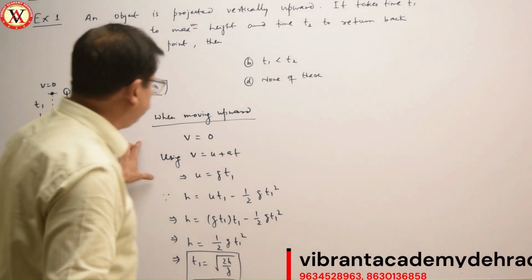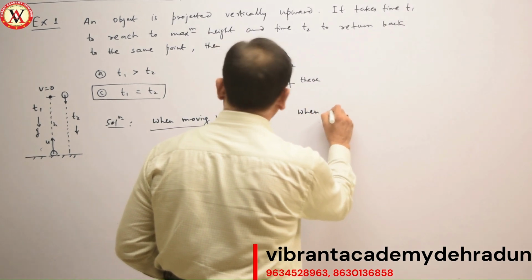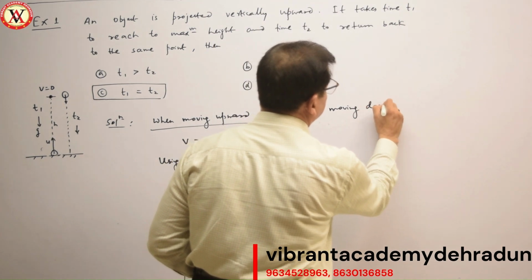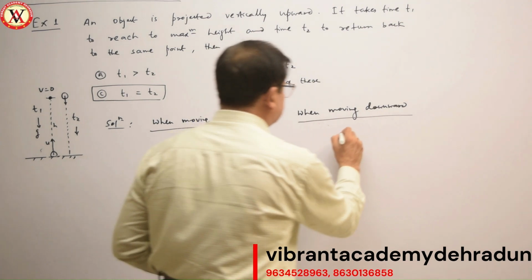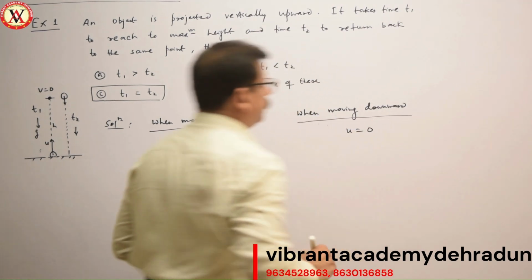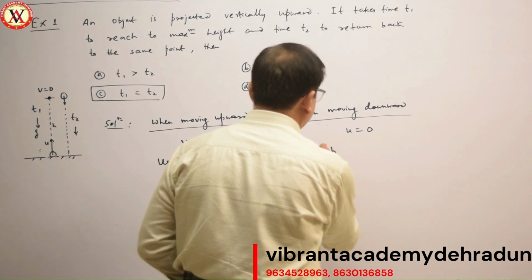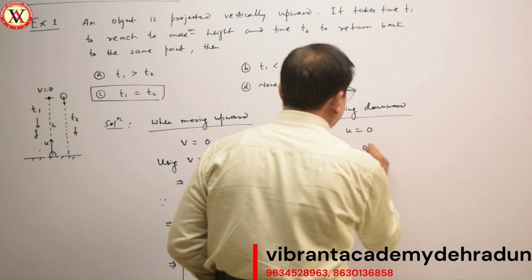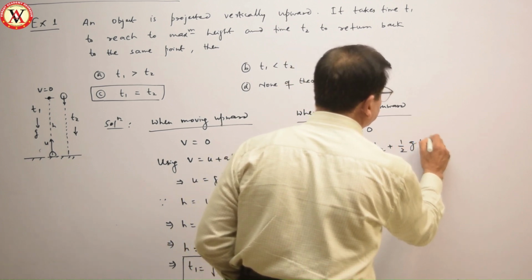Let's take the case when the object is moving down. In this case, u is 0, and therefore h will be u t2 plus half g t2 square.